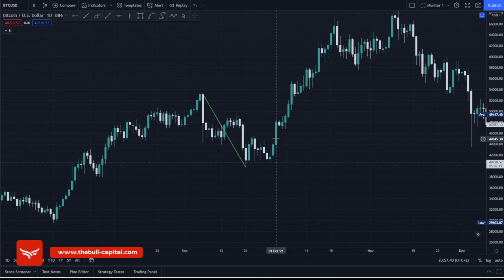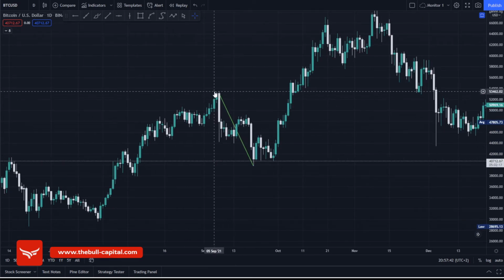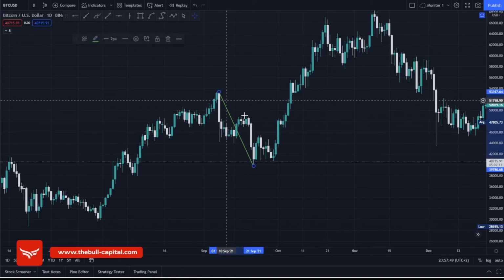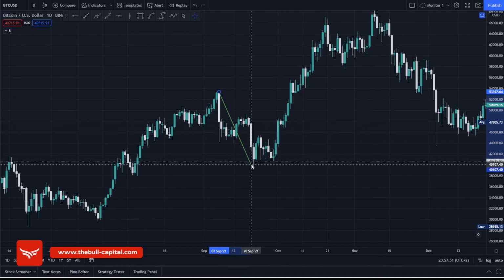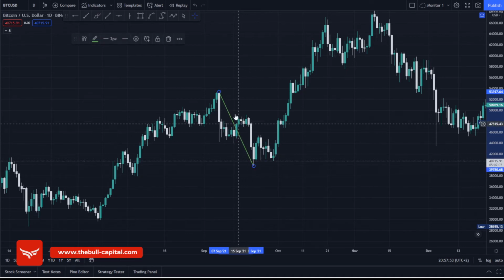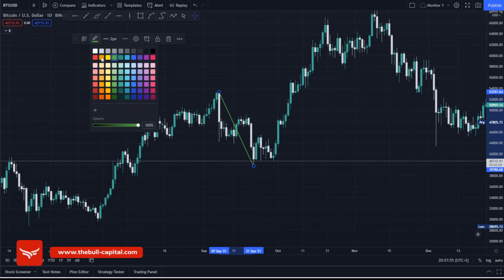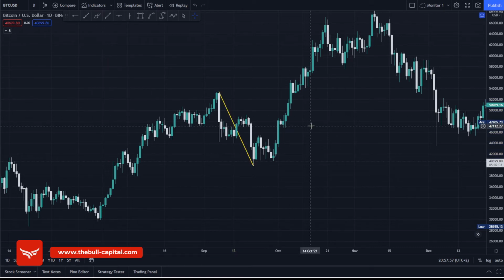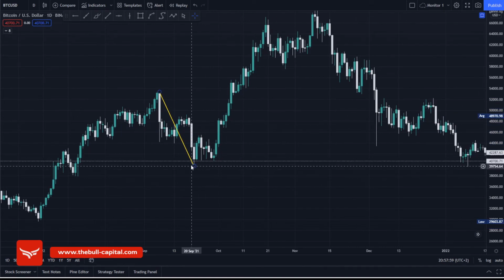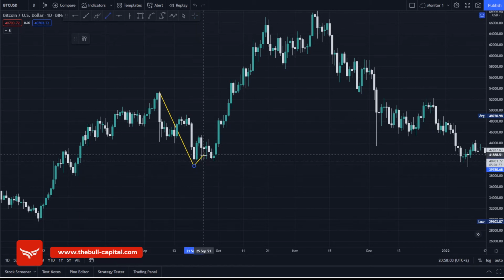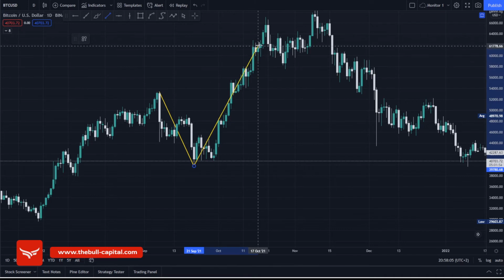So you have to look at the highest price in this area, which is this one, and the lowest price, which is this one, and we have a swing low. I'm going to mark it with yellow. Now from this point we make a swing high.